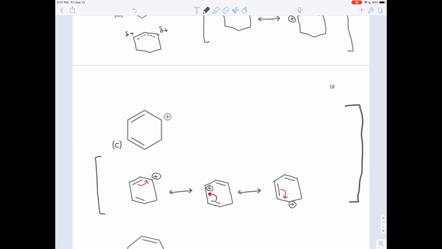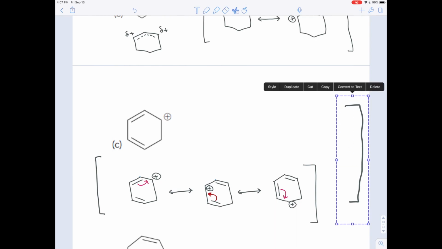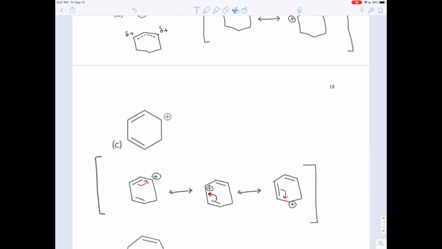All right. So this structure had 3 resonance structures.